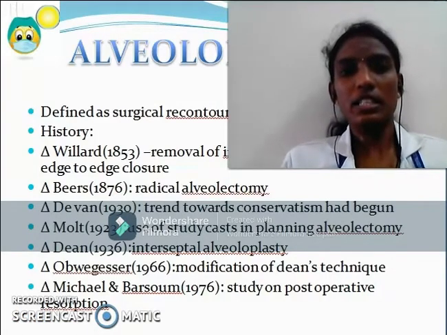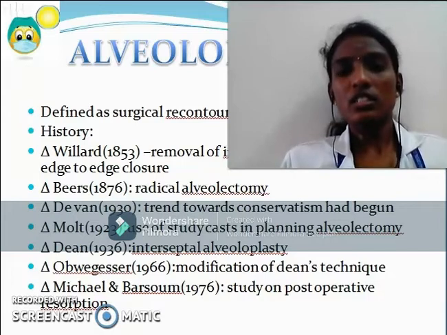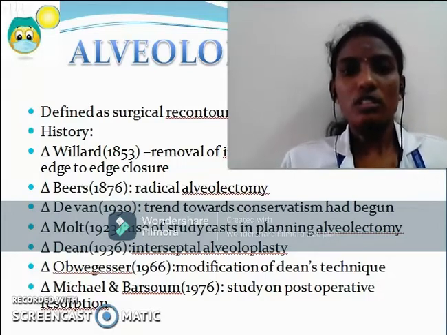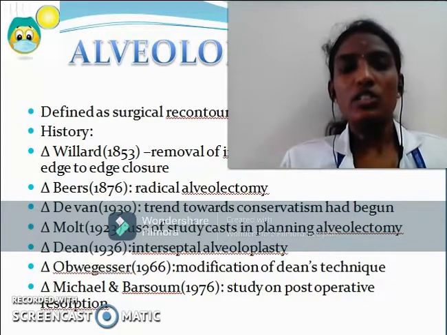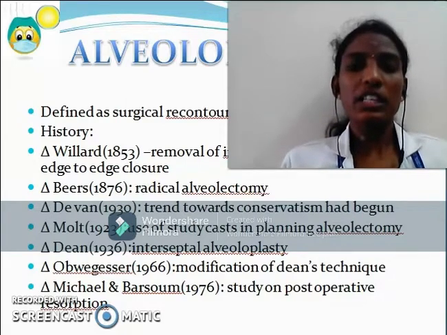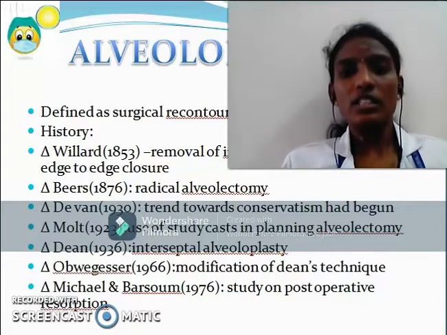Alveoloplasty is defined as surgical recontouring of the alveolar process. It was first done in 1853, when Villiard removed the interdental papilla, permitting edge-to-edge closure. In 1876, radical alveolectomy was done.